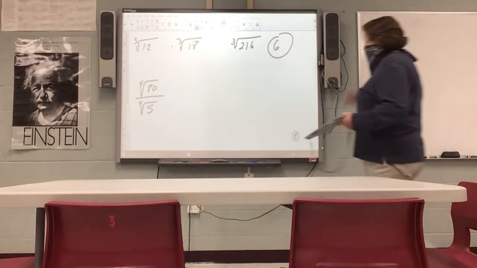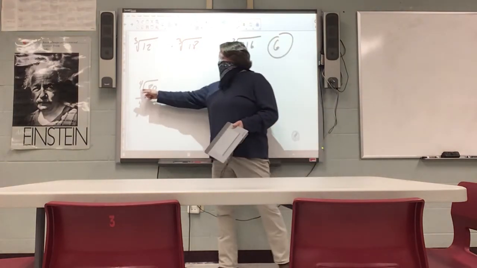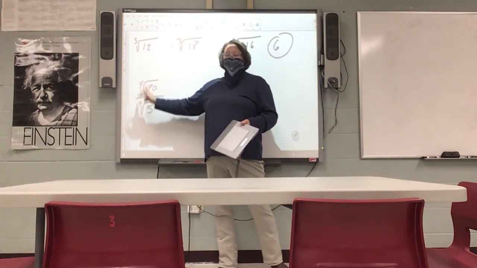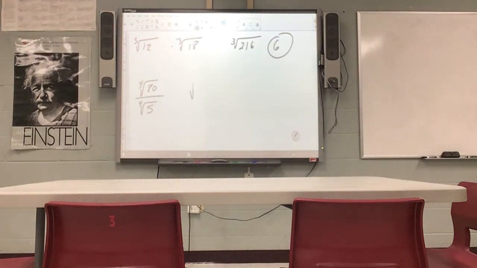It's a division problem, so you got to ask yourself, can I divide? Yes, because they're both the same root. Fourth root divided by fourth root, you keep that root. So what's 80 divided by 5? 16 it is. Now we stop if it's not a perfect fourth, but I believe 16 is a perfect fourth.